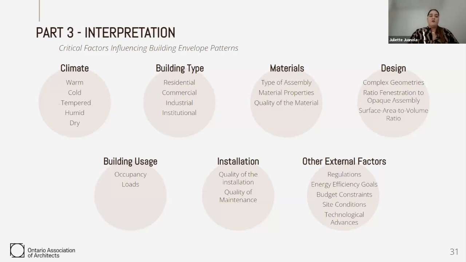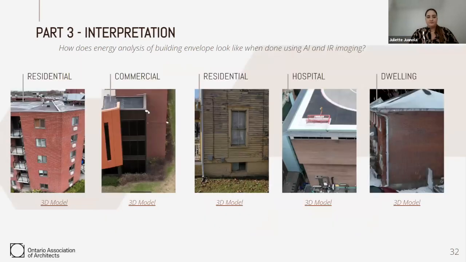So really having comprehensive data and knowledge about the building itself can lead to the most accurate results. And if this data is missing during the analysis, it can lead to poorer results, if I may say. So this is really to insist on the data collection part.